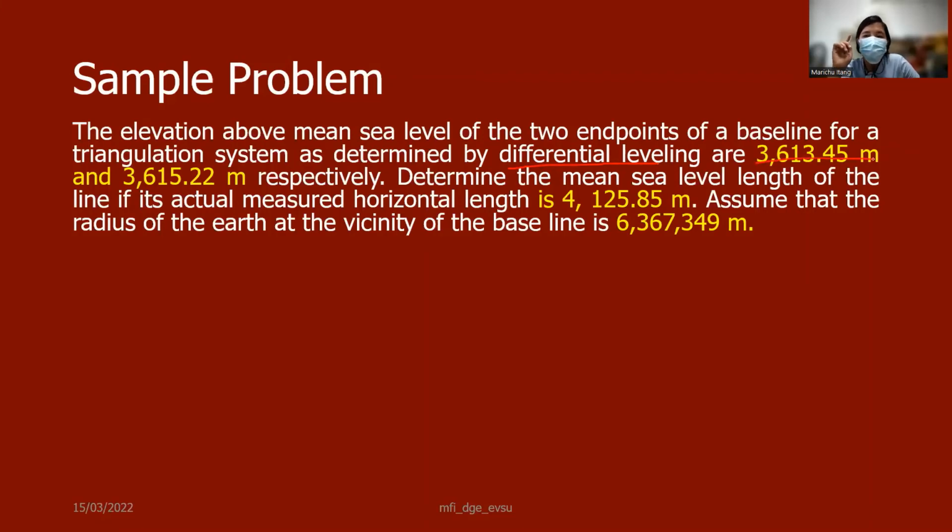But take note, may mga problem na yung given is not in orthometric height, like for example, ellipsoidal height pa siya. So you need to convert that ellipsoidal height into orthometric height first. So if you're going to use the formula S equals D times 1 minus H over R, don't forget that the H there is always in orthometric height, not an ellipsoidal height.